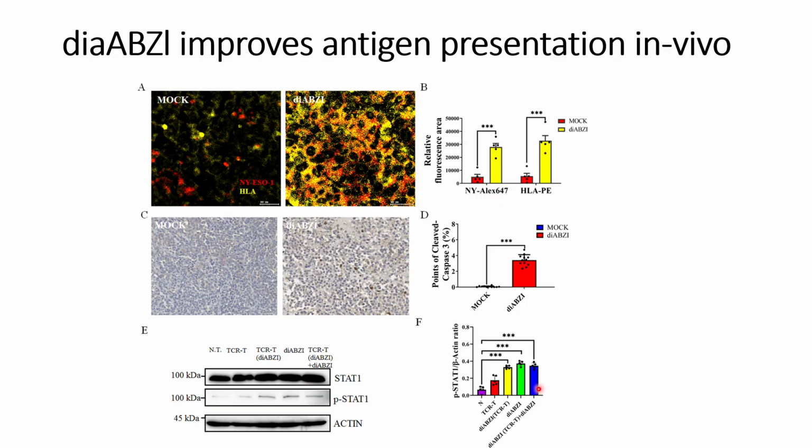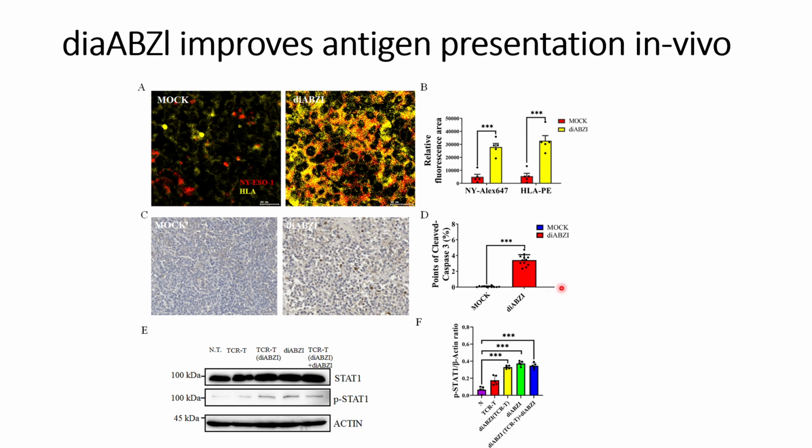So from these final experiments, they conclude that their DiaBZl will improve antigen presentation in in vivo mouse models also, and that will result in increased apoptosis of the tumor cells by the immune system.